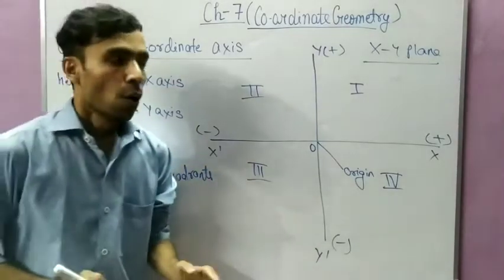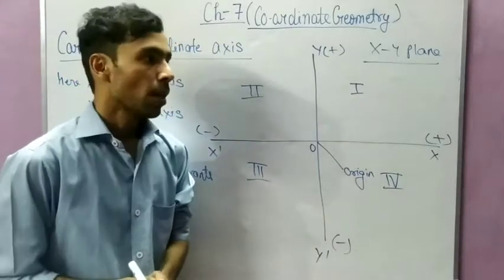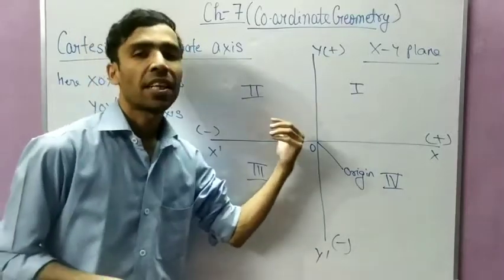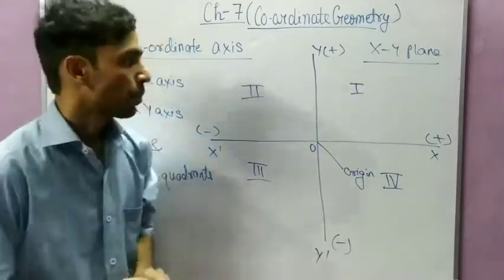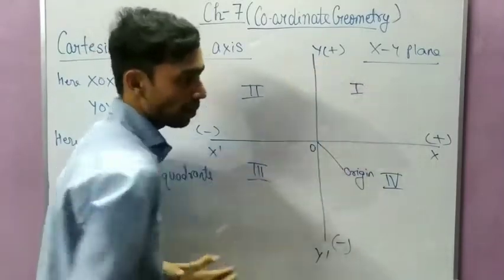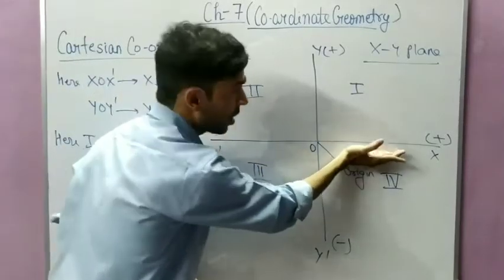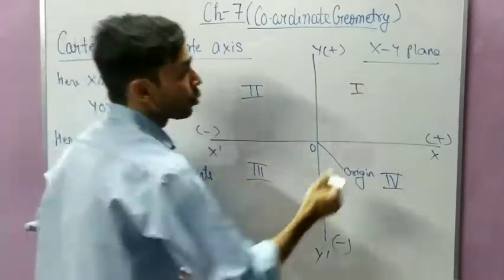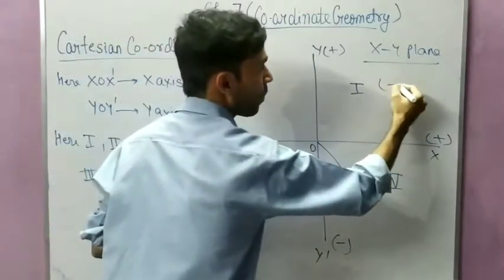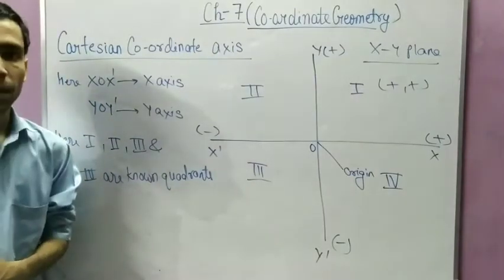Now, suppose I have written a point, how will I know whether it lies in the first, second, third, or fourth quadrant? See, in the first quadrant, x is positive and y is also positive. So any point in the first quadrant has the sign plus, plus.